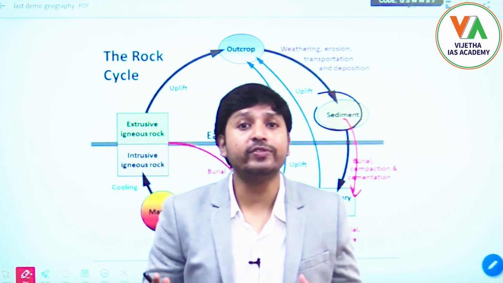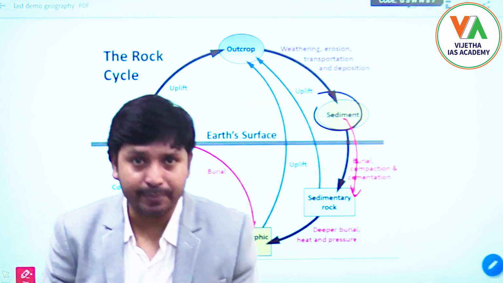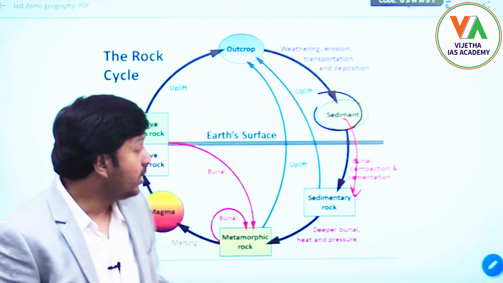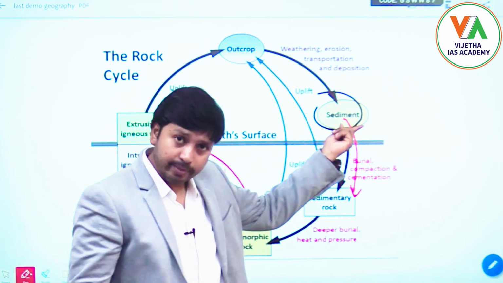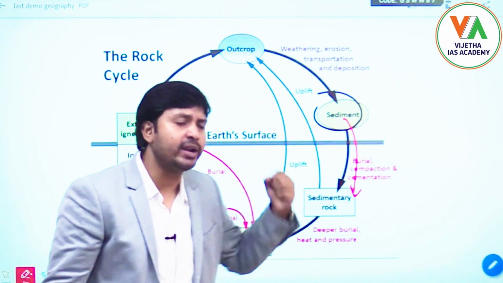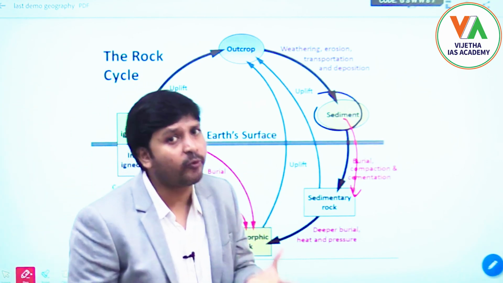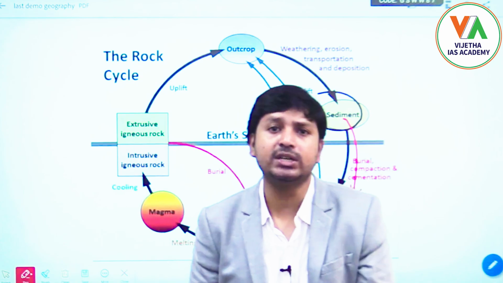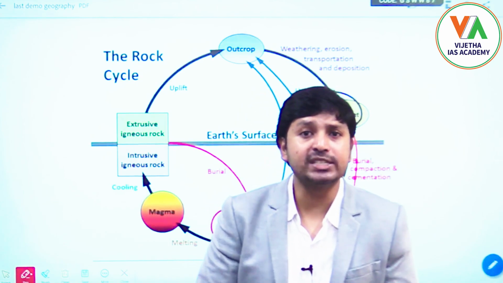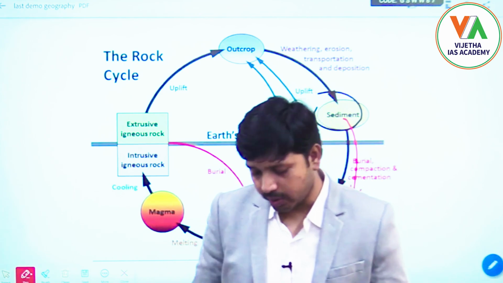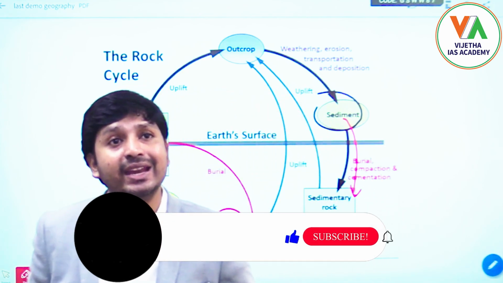Because of the action of this pressure and temperature, the rock system, and it's not just about sedimentary rocks, even igneous rock, after its forming, if it goes below the earth's surface, because of temperature and pressure, there will be changes in its morphology.